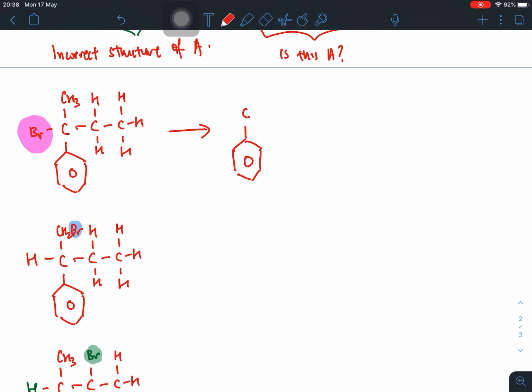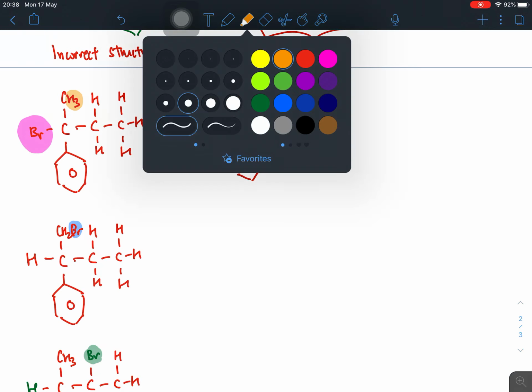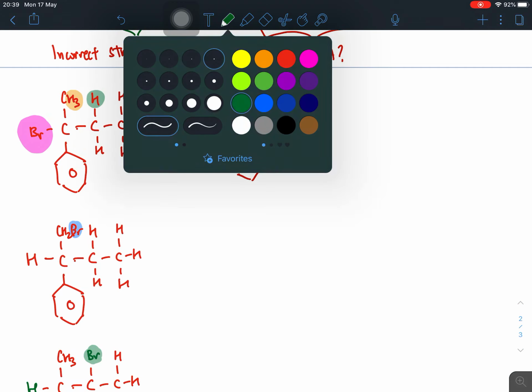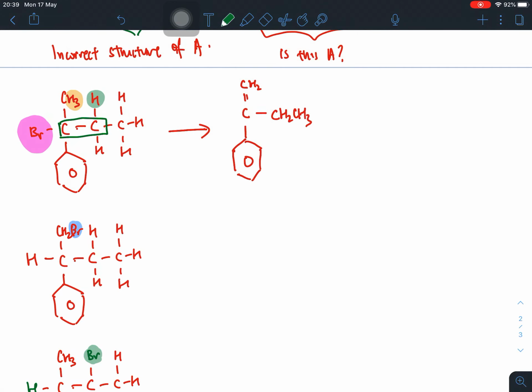Okay, when it eliminates with an adjacent carbon, the hydrogen can be removed from over here. This is adjacent. Okay, so these are the species that are removed. Alternatively, it can also remove hydrogen from this as well, because essentially these 2 carbons are adjacent.